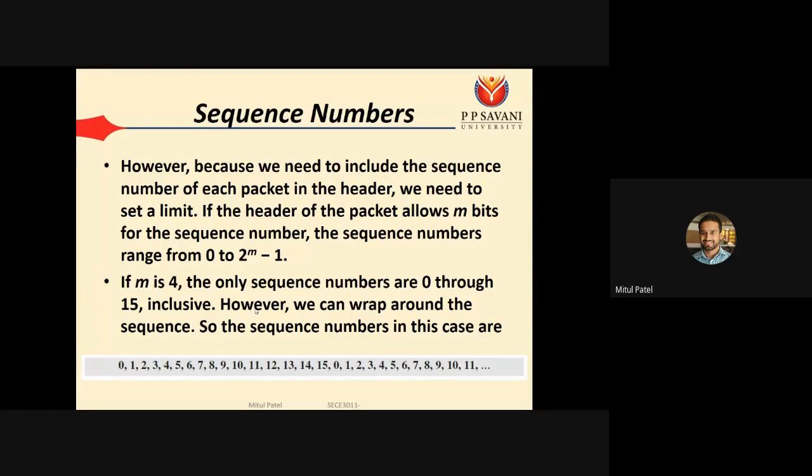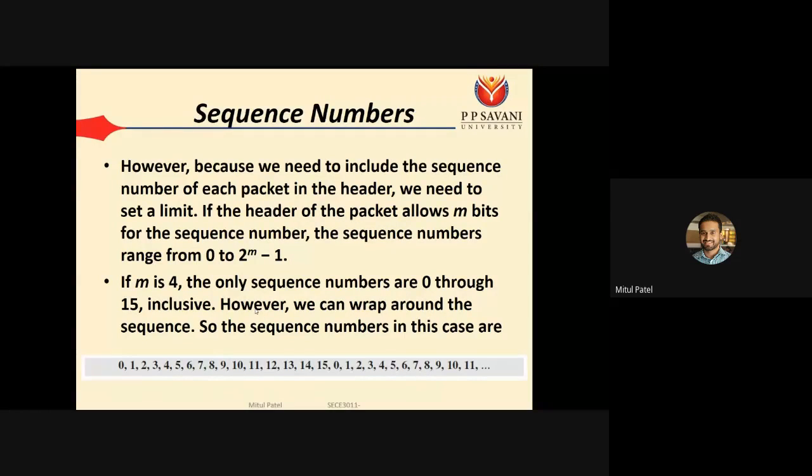For that we depend on the size of the sequence number field in the header. For example, let's say header માં આપણે sequence number ની જે field છે that we have assigned 4 bits. So 4 bit assign કરી છે તો આપણી value ક્યાંથી લઈને ક્યાં સુધી જઈ શકે?